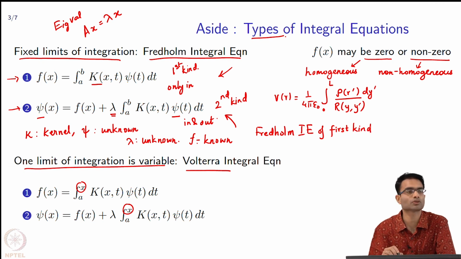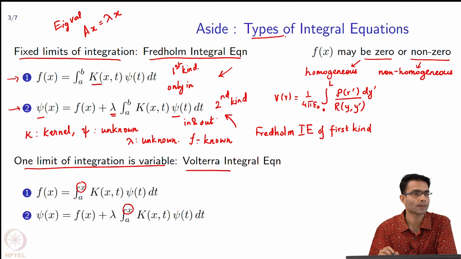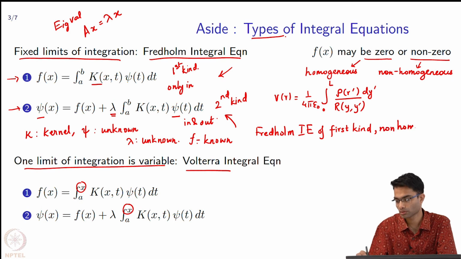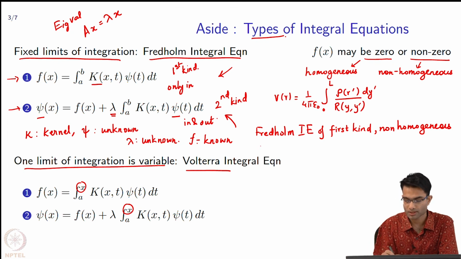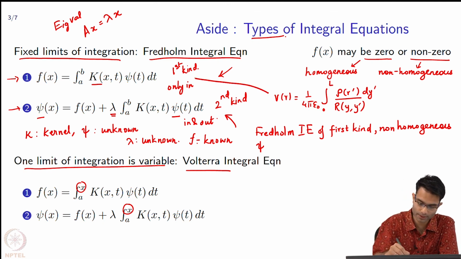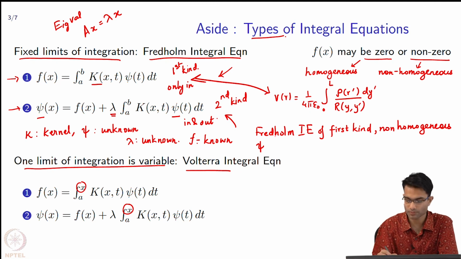And is it homogeneous or non-homogeneous? It is non-homogeneous. Why? Because what is f of x over here? V, the potential, right. So, it is non-homogeneous. What is my psi in this case? If I want to draw a one-to-one analogy between this and this, what is my psi?